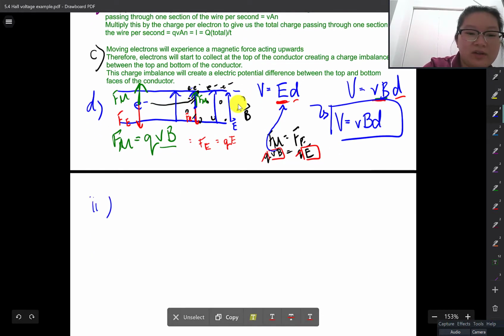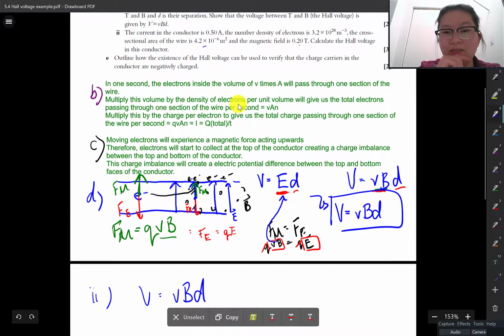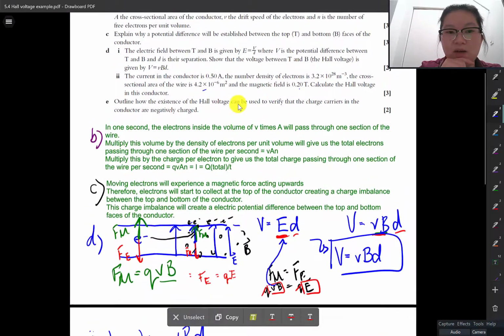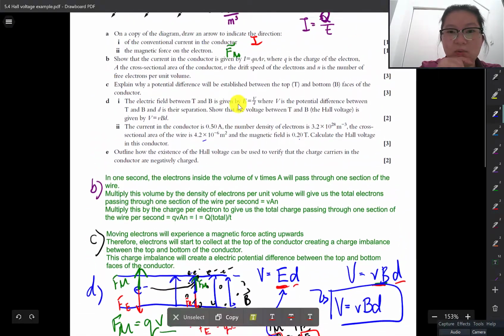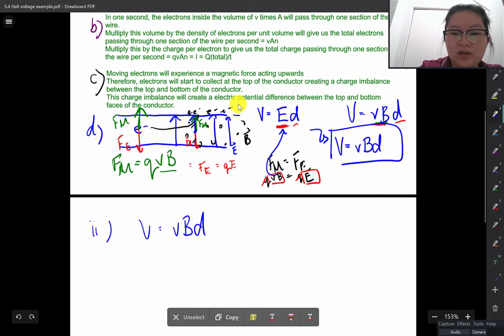Okay, so we know that the Hall voltage is vBd. But we don't have the drift velocity. We'll have to find the drift velocity from the current. So we know that I equals QnAv.